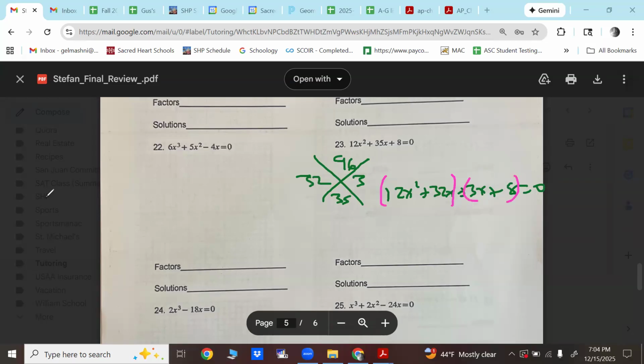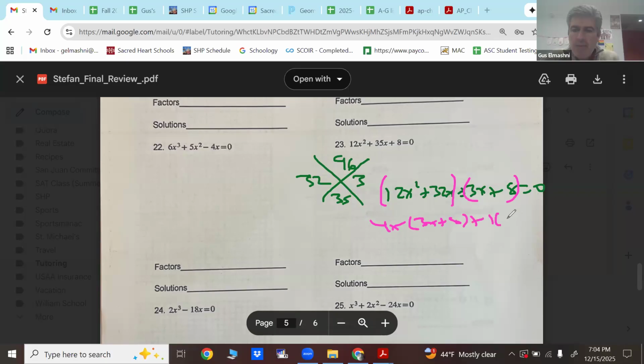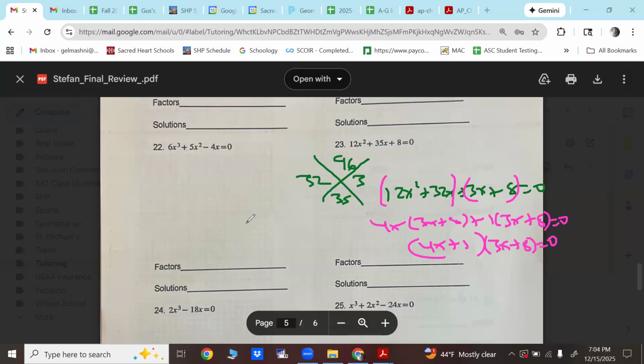So you take out 4x. If you can't think of that, put a 1. Then it'd be negative 1/4 and negative 8/3.